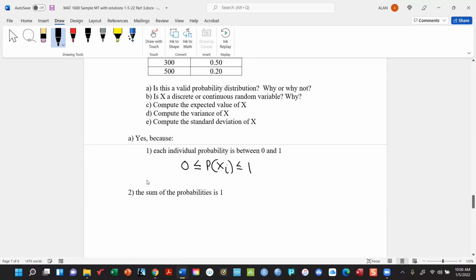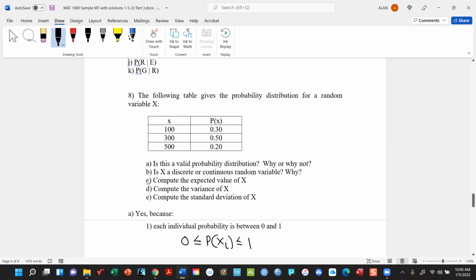So P(x_i) means the probability of a specific value of x. So in other words, here we would call these x1, x2, and x3. And over here, this would be the probability of x1, x2, x3.